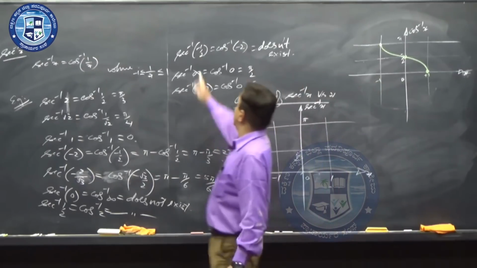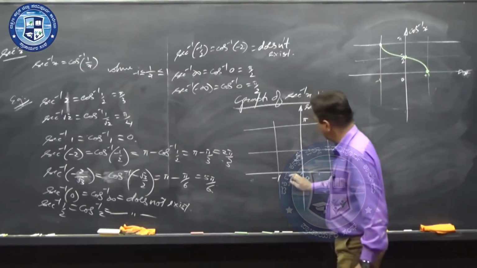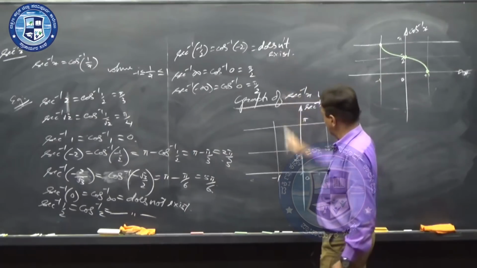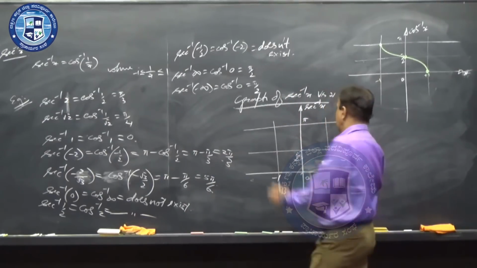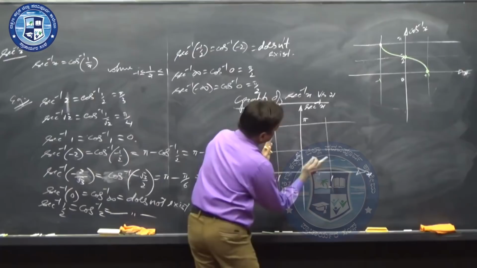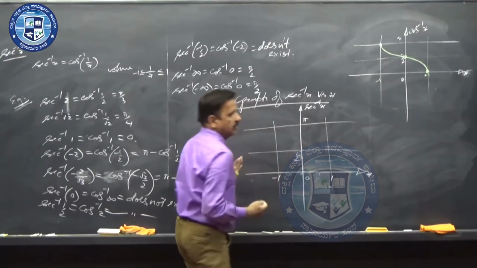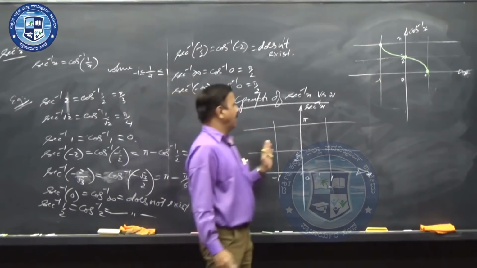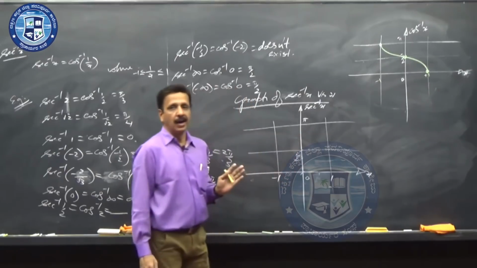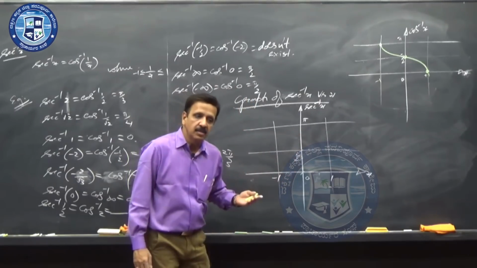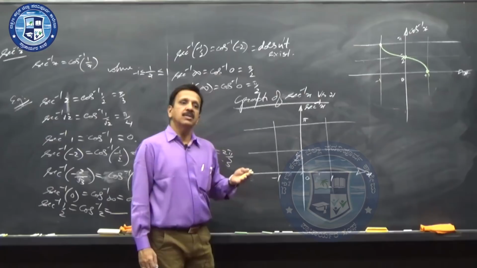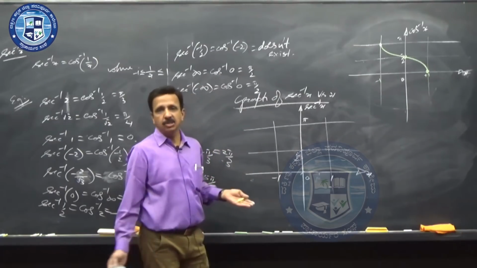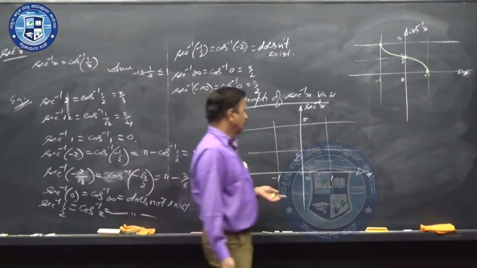Then secant inverse minus half comes somewhere here, again it does not exist, which clearly says that the graph does not exist between minus 1 and plus 1. Because if you take the value of x between minus 1 and plus 1, then it becomes cos inverse more than 1 or less than minus 1, which is not defined.